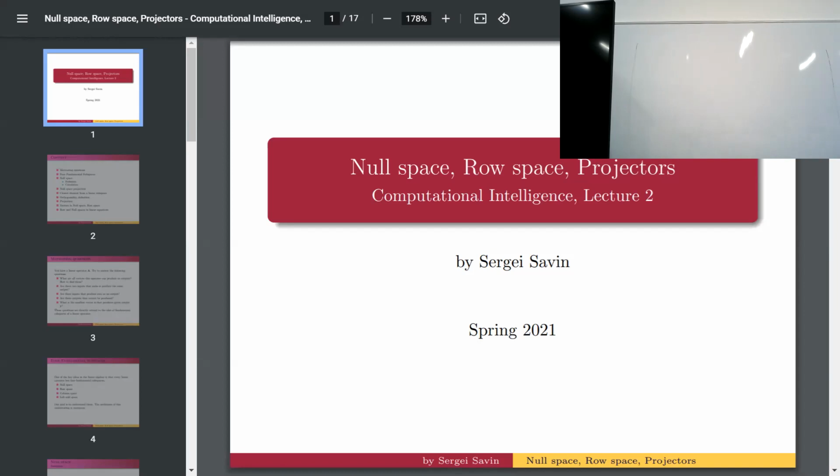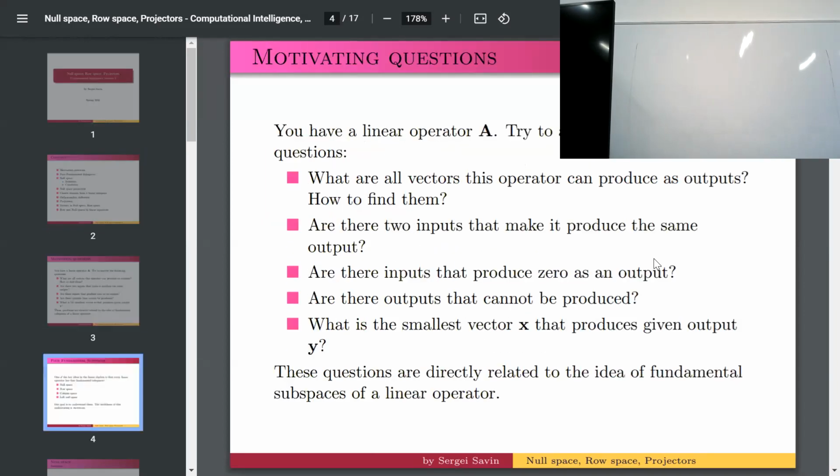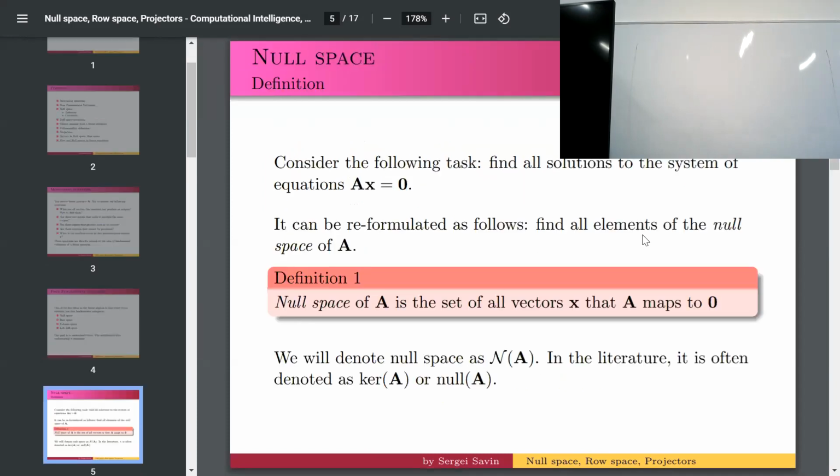So last time we saw null space. Let me just quickly go through the slides so you can remember. Last time we noticed that we can call all vectors that A sends to 0 the null space.